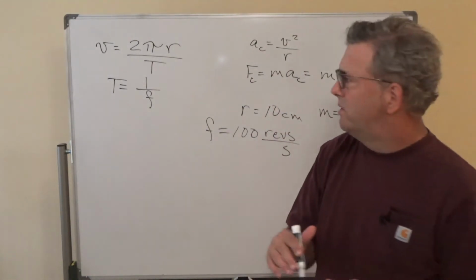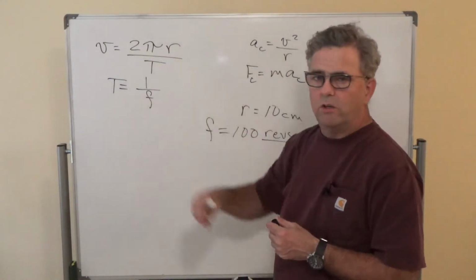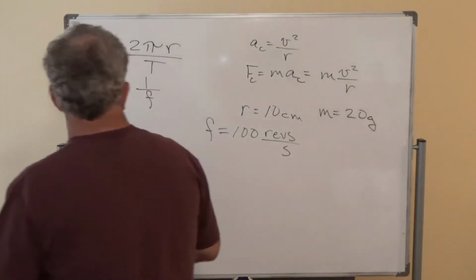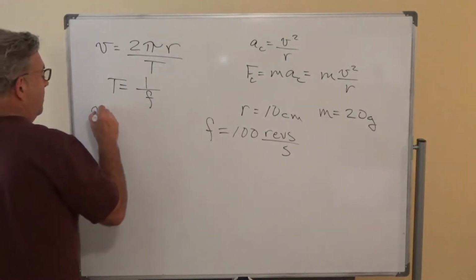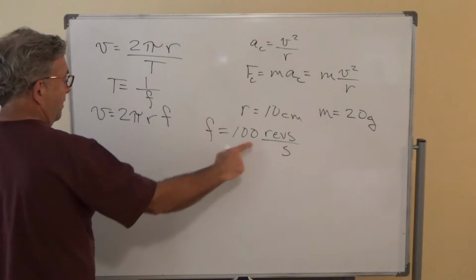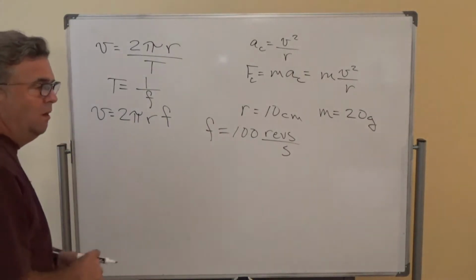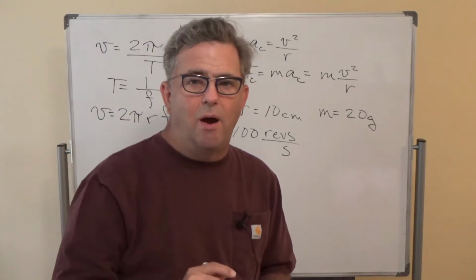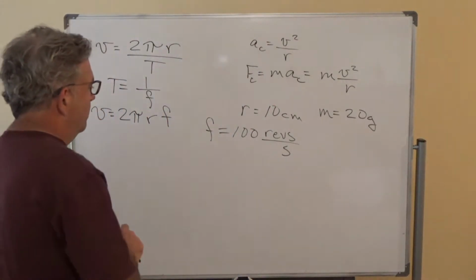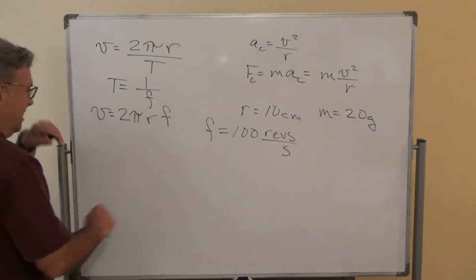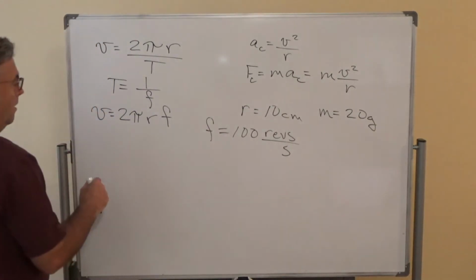And the only difference is the angular frequencies will include the 2 pi. Okay? So V is equal to 2 pi R F, and this is the frequency, 100 per second. That's one time around, or it's 100 times around every second. This has another name, hertz.